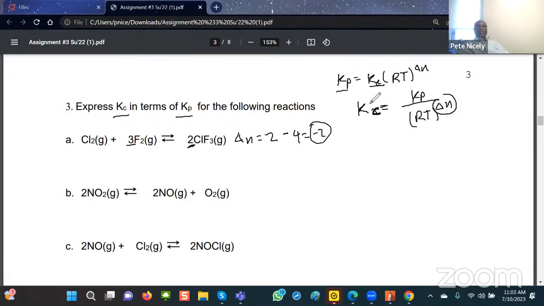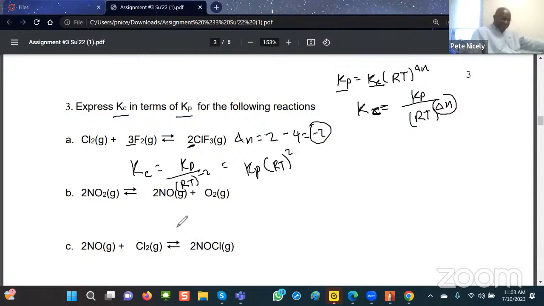Then we just put that -2 where delta N is. So Kc would be equal to Kp divided by RT raised to the -2, or you can rewrite this as Kp times RT squared. And that's it.